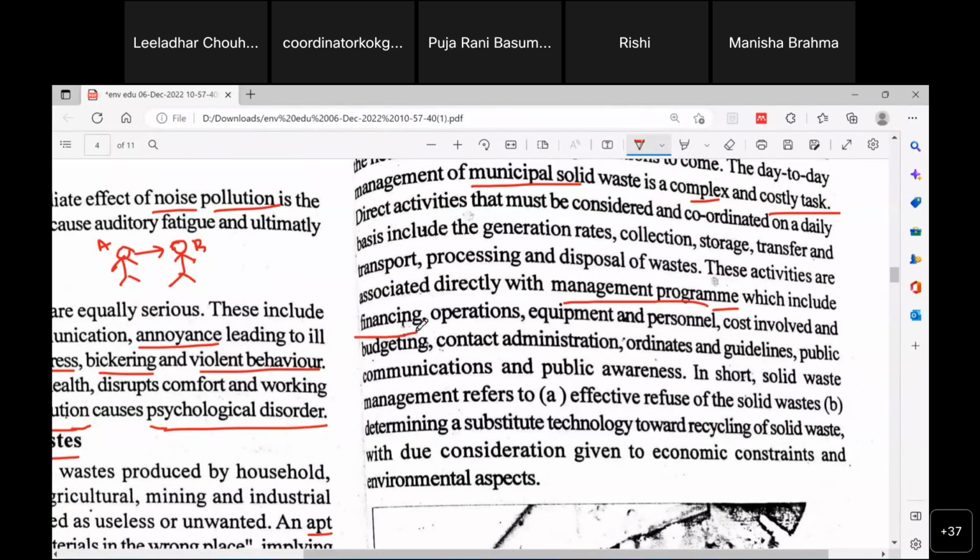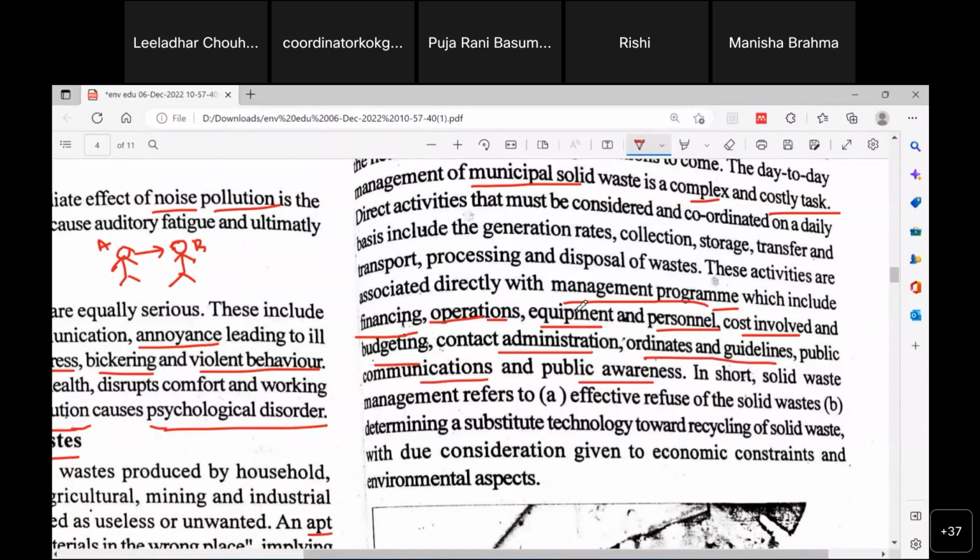So there should be financing. Financing is needed because somebody will collect that waste. How will they manage that? So initial financing and operation will be required. Equipment is also required, and personnel and cost involved, budgeting, contract administration, ordinances and guidelines, public communications and public awareness.